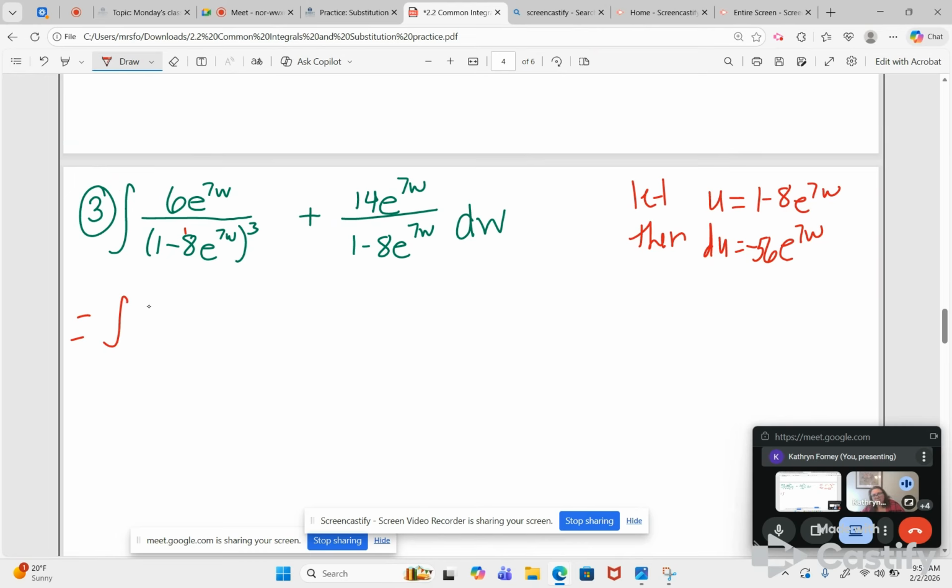So that's going to be 6 over negative 56 u to the negative 3 plus 14 over negative 56 u to the negative 1 du.